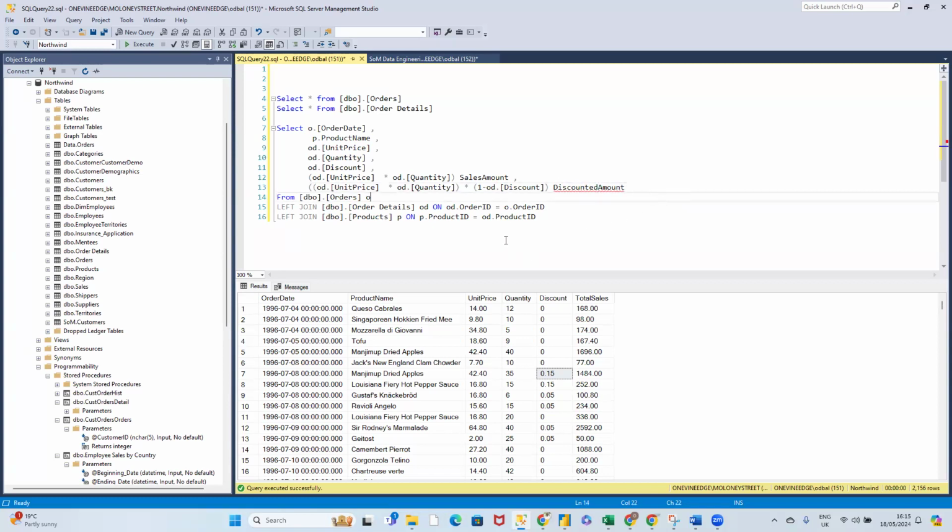If I multiply the sales amount by this, it is only going to give me the 15%. But I need it to give me the 85%, not the 15%. So that is why I'm saying 100 minus the discount, in this case 15%, will give me 85.